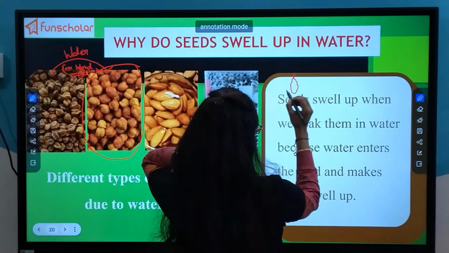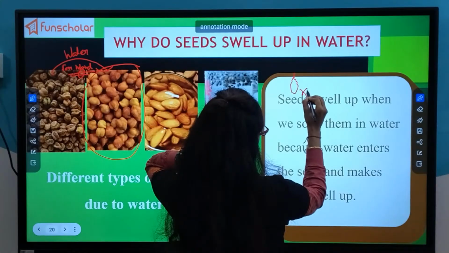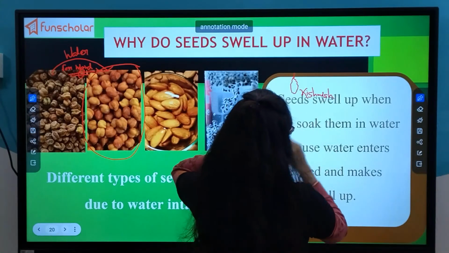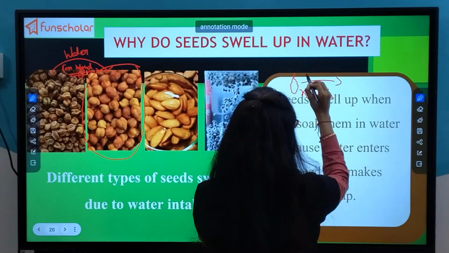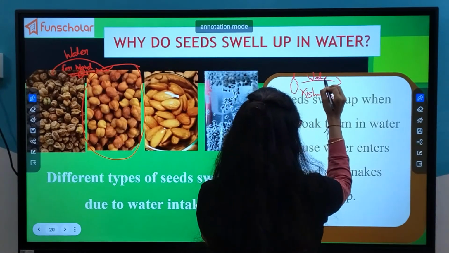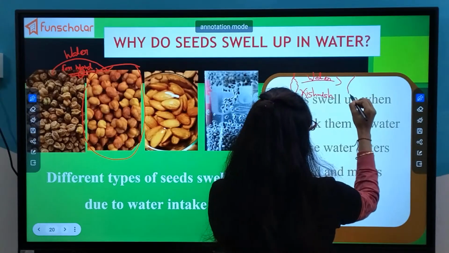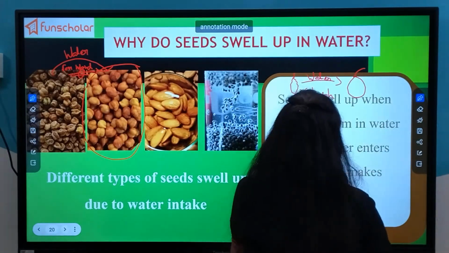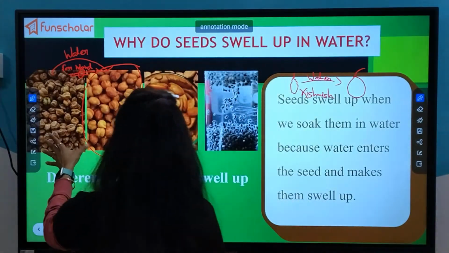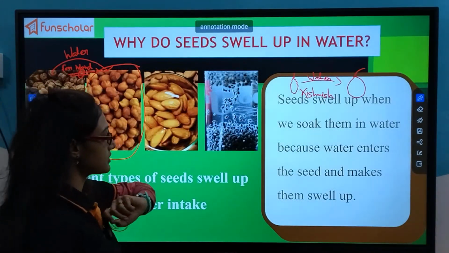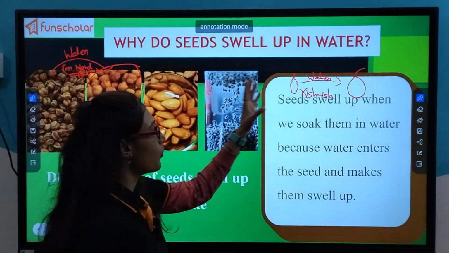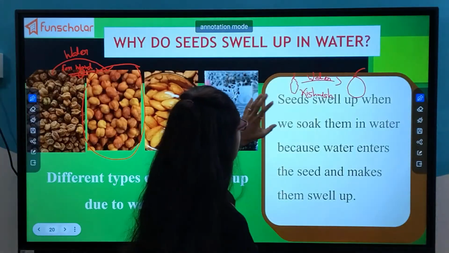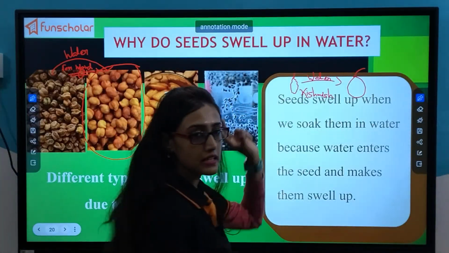Another example, best is, you know what is kishmish? This is kishmish. Okay, if you keep it in water, in the morning you will see it will get swollen up. Okay, why do these seeds get swollen up when kept in water? Because water molecules enter into the seed via the seed coat.